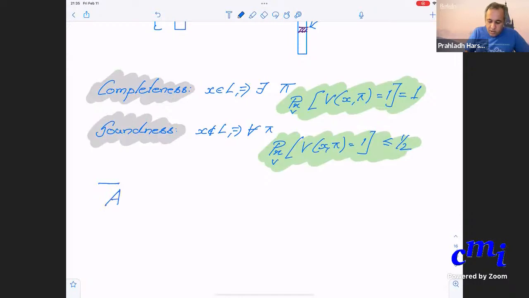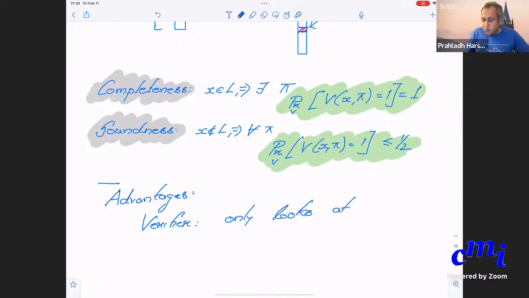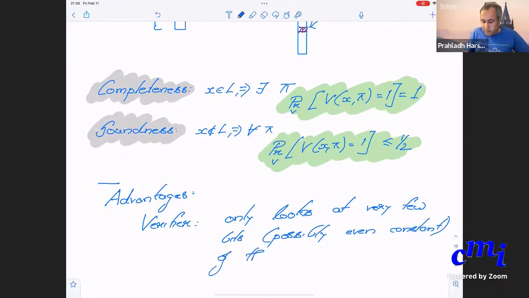The advantage is the verifier only looks at very few bits, possibly even constant, of the proof. Okay, that's the key advantage.